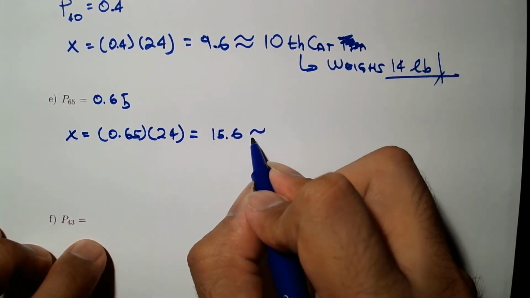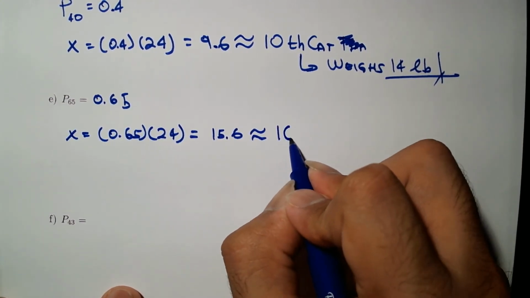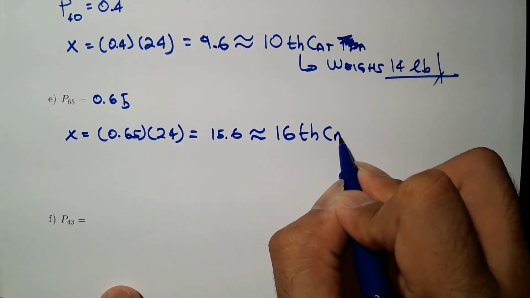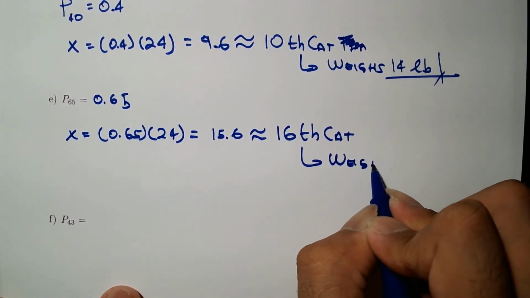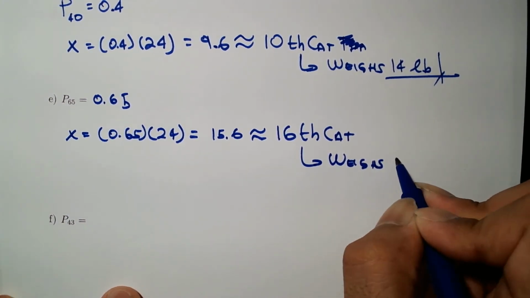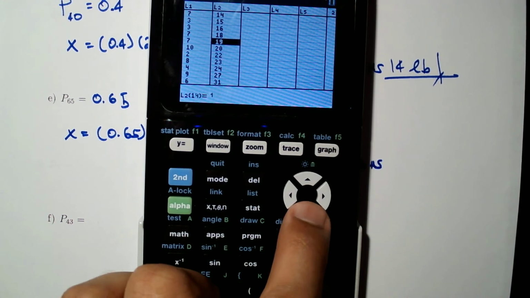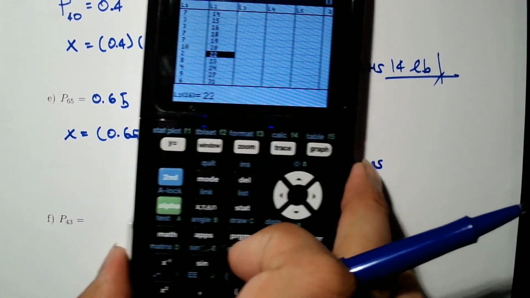But again, we round up to the next integer, which is the 16th cat. Let me look for the 16th position. That's 22 pounds.